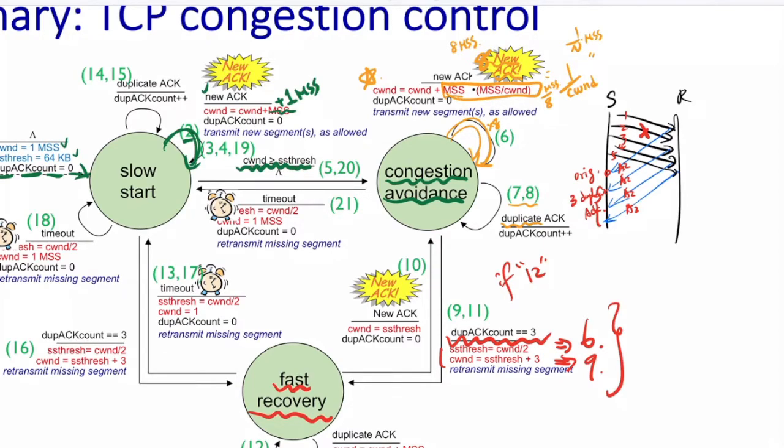After that, you retransmit the missing segment. For example, here that is data number 2, and you enter the fast recovery state. That state means you keep monitoring the current status of the network, the congestion state of the network.